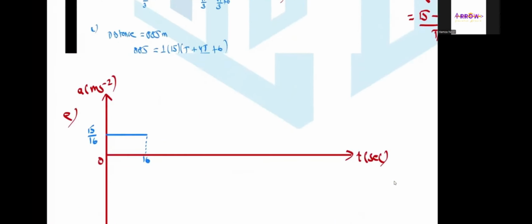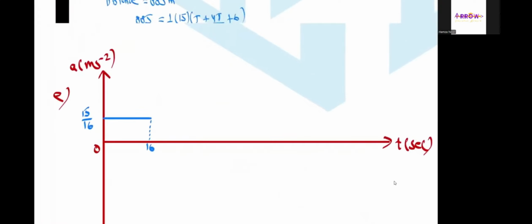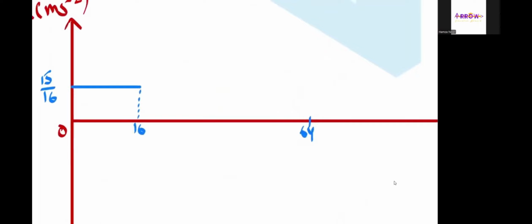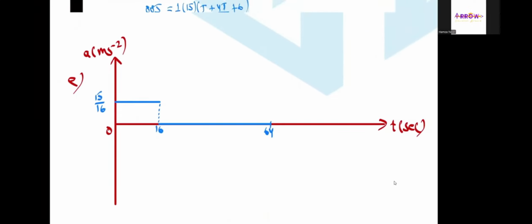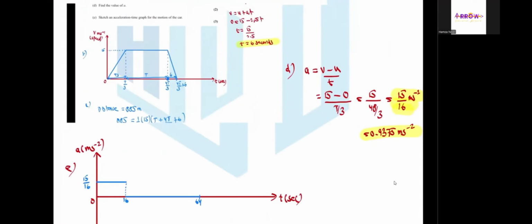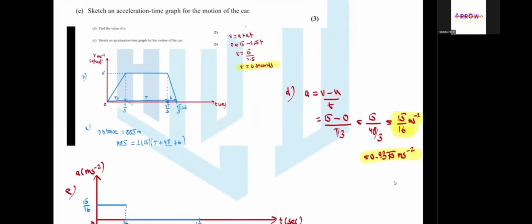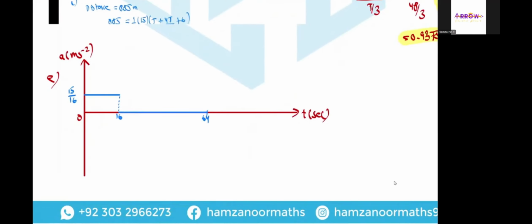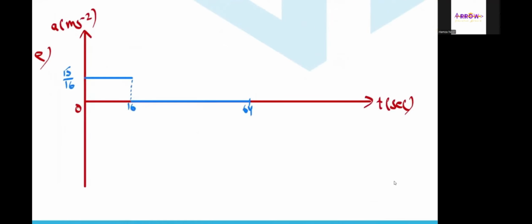From t equals 16 to t equals 64, the acceleration will be 0, so the graph lies on the t-axis itself. The last stage, the deceleration stage, was 6 seconds. So 64 plus 6 is 70, and at 70 seconds our journey is completed.